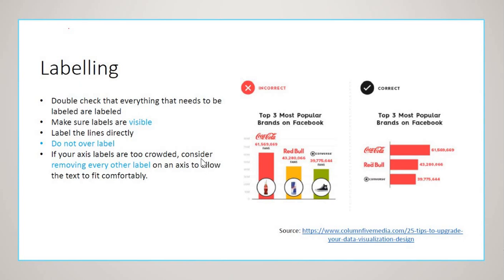If your exist labels are too crowded, consider removing every other label on an exist to allow the text to fit comfortably. Maksudnya kalau macam ni, this one is better sebab apa? Yang sebelah kanan, the one on your right is better because apa? Yang ni horizontal punya bar. Okay, dia kurang serabut sebab apa?